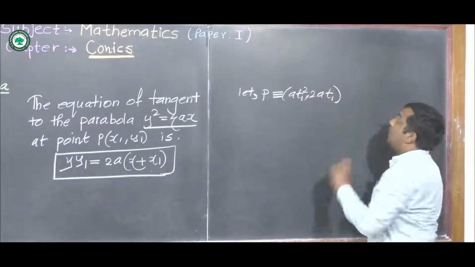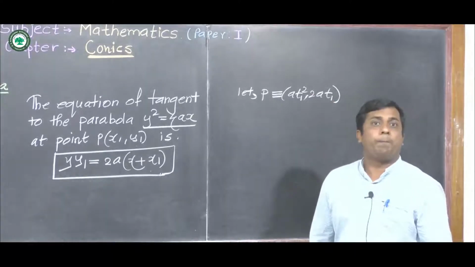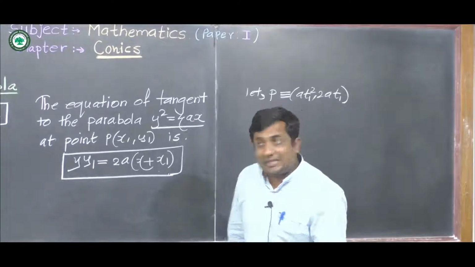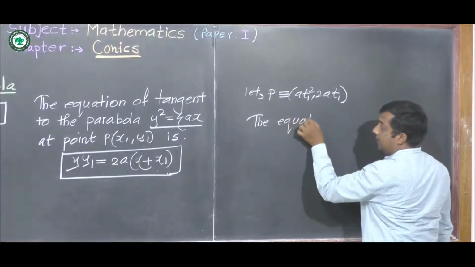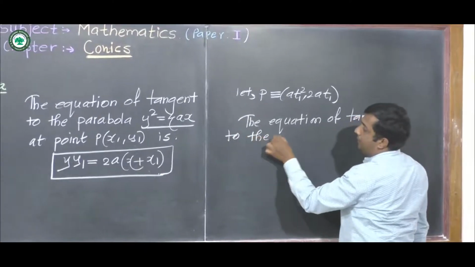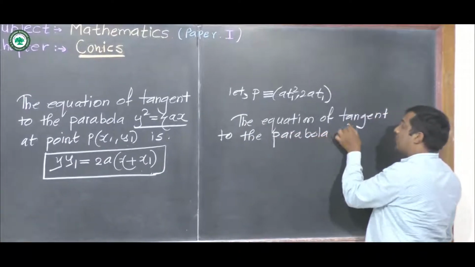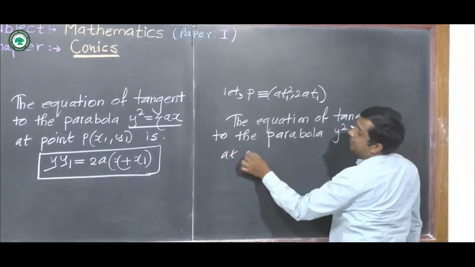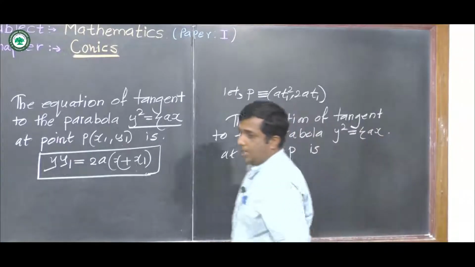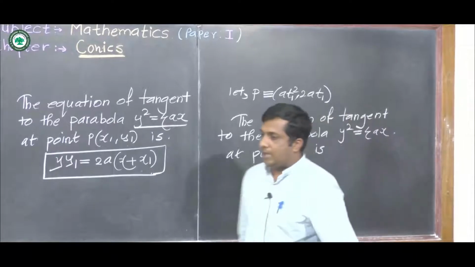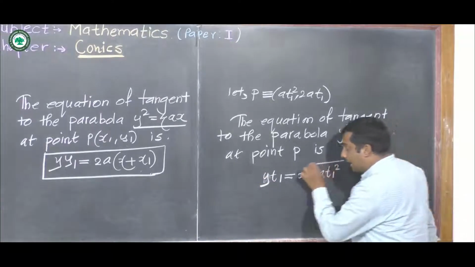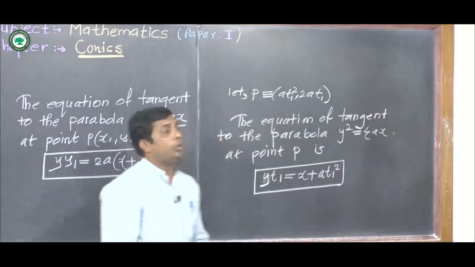So (a t1 square, 2a t1) are the coordinates of the point P. If we have the equation of parabola as y square is equal to 4ax, then the equation of tangent to the parabola at point P is y t1 is equal to x plus a t1 square, and this is also the equation of tangent to the given parabola.